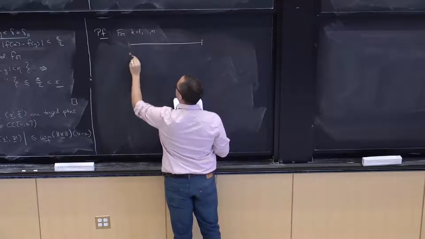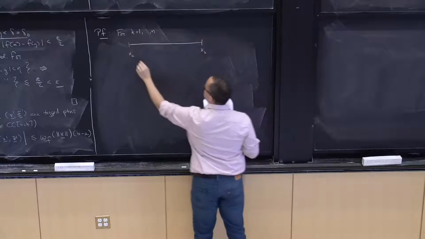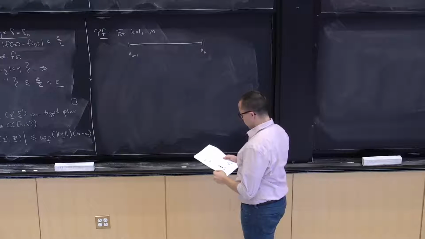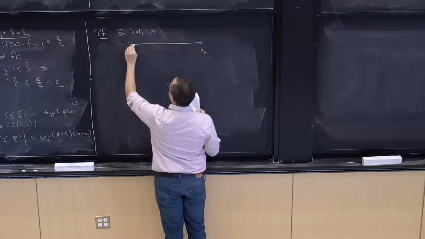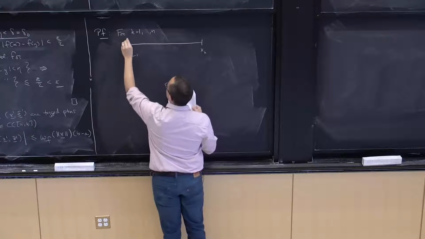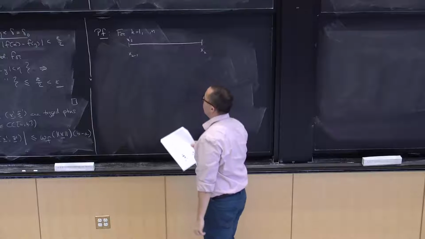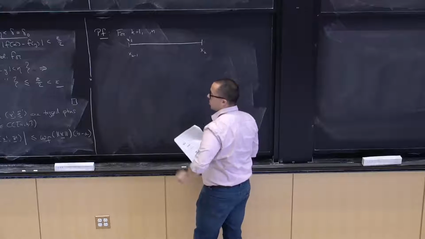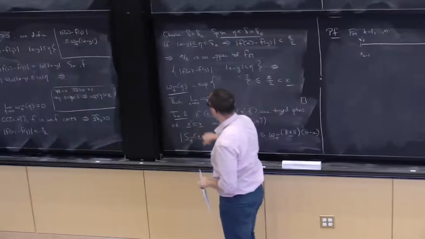So here we have the partition points of x. And above, I'm going to write the partition points corresponding to x prime. So this should be x prime sub l for some l, because remember, this one is contained in the other.